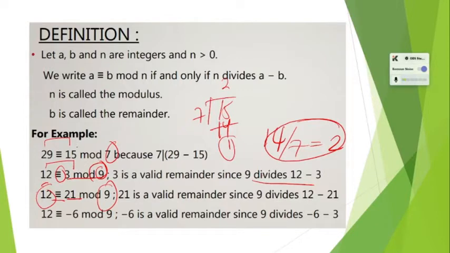So, that is 12 identical to negative 6, mode 9. So, negative 6 is a valid remainder since 9 divides 12 minus negative 6. Okay. So, that's the definition of congruence.